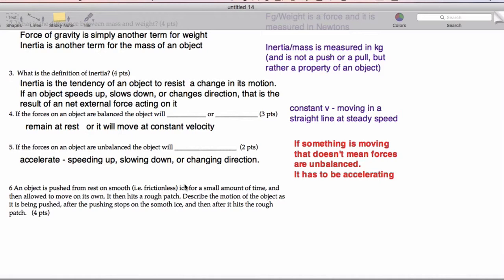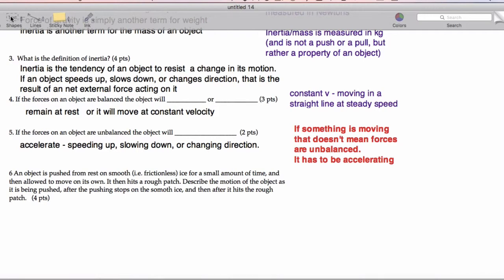All right, the last part. An object is pushed from rest on a smooth surface, which is ice, for a small amount of time, and it's allowed to move on its own. Then it hits a rough patch, and we want to describe the motion of the object as it's being pushed, after the pushing stops, and then after it hits the rough patch. So I'm going to break this answer into three parts. While being pushed, it speeds up from rest.